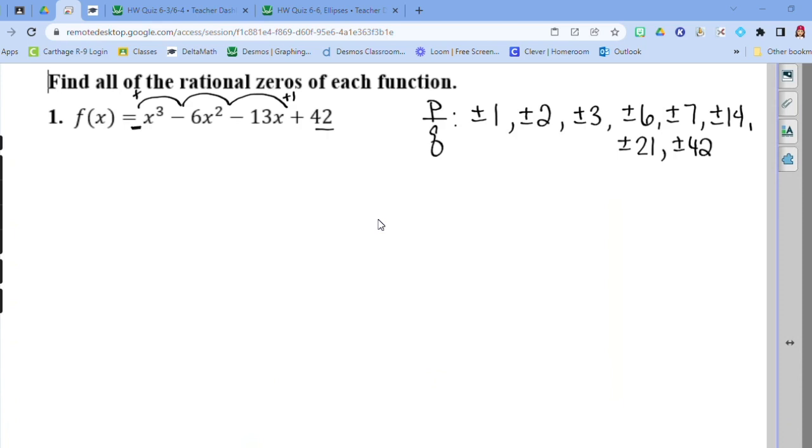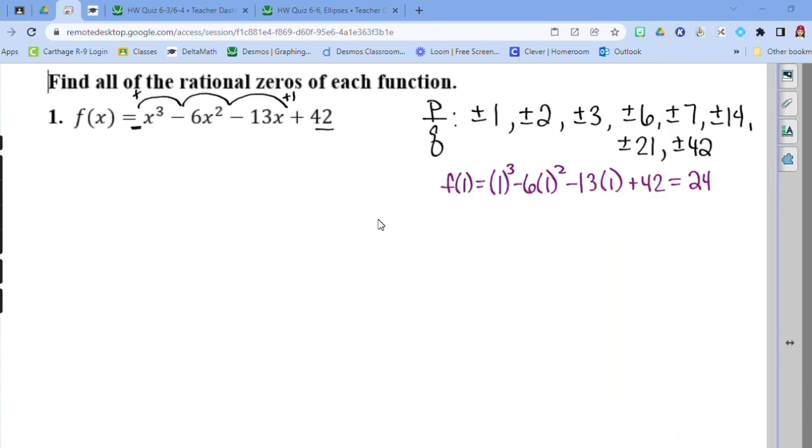Easiest thing to do is to start evaluating the function for each of these different numbers. So we plug in 1 for x. I have 1 to the third minus 6 times 1 squared minus 13 times 1 plus 42. So 1 minus 6 minus 13 plus 42 is 24.